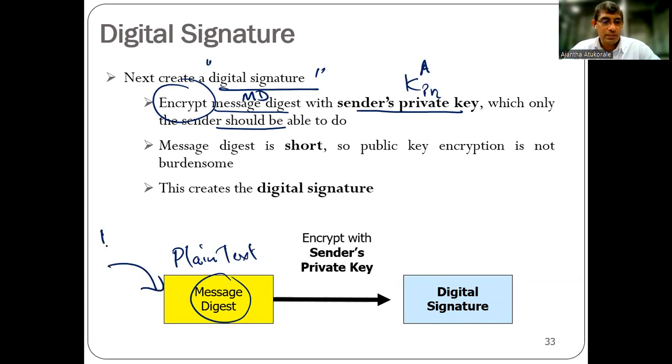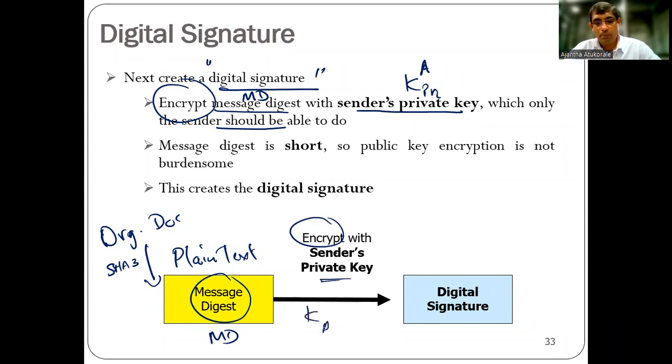It came from the original document. The original document went through the SHA3 algorithm, and then you got the MD. That's a plain text thing. MD is now being encrypted with the sender's private key, K private A. And now this is what we call a digital signature. What is this? This is an encrypted message.